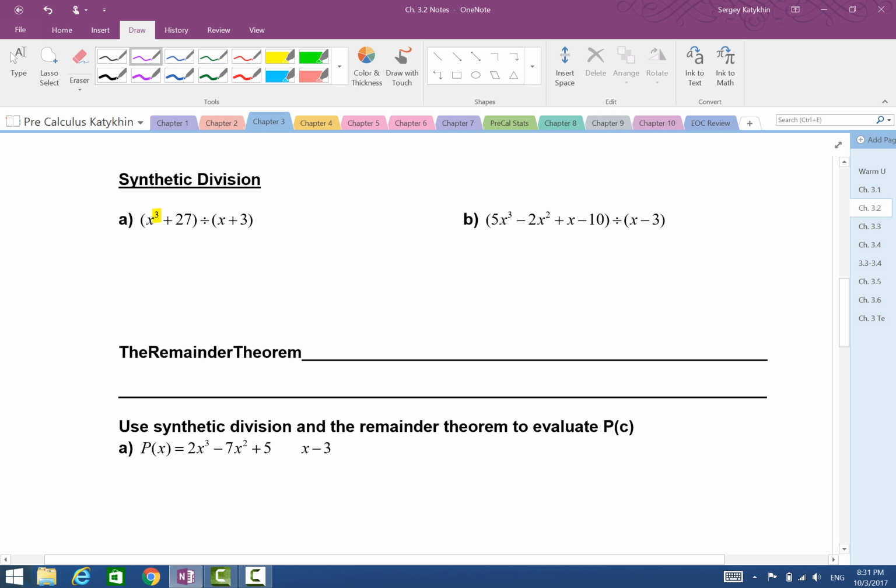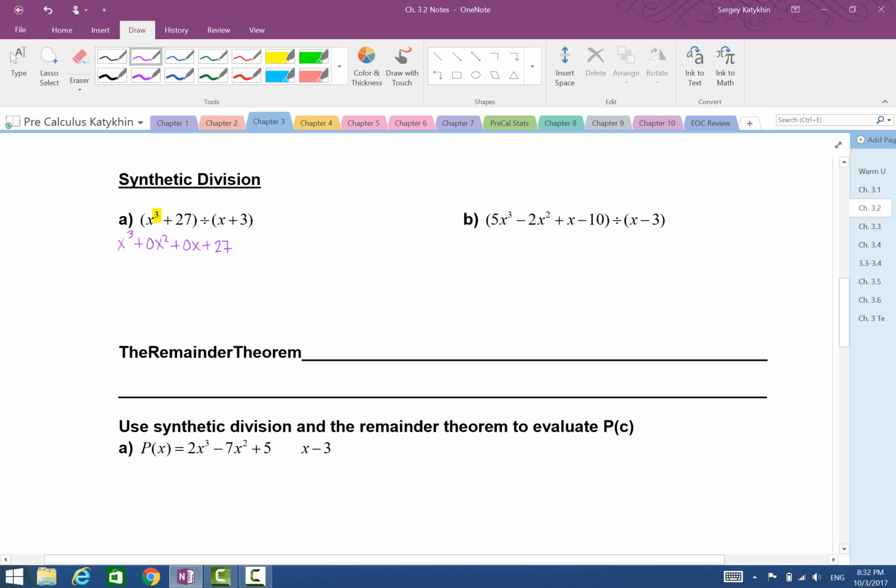So in this case, I have x cubed, but then I need to add a 0 of x to the second power because I'm missing the x squared. I'm also missing x to the first power, and then I have plus 27. So I do need to have all of those written down.